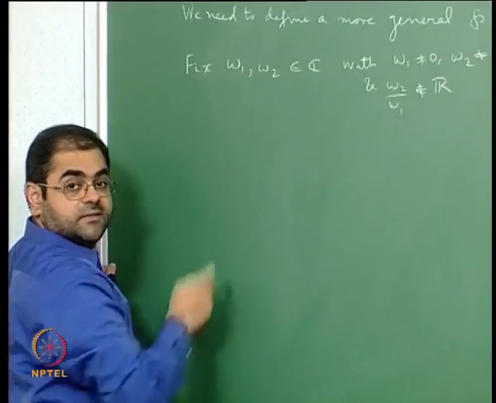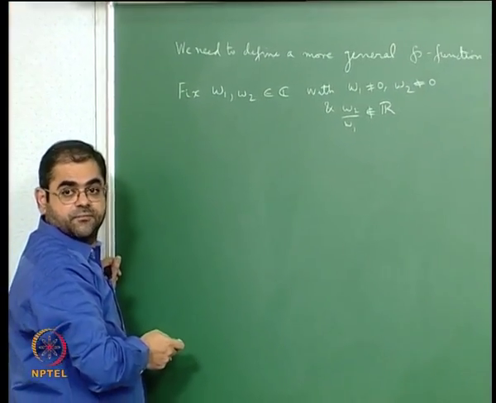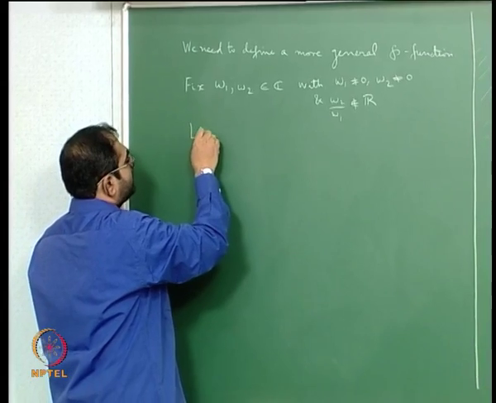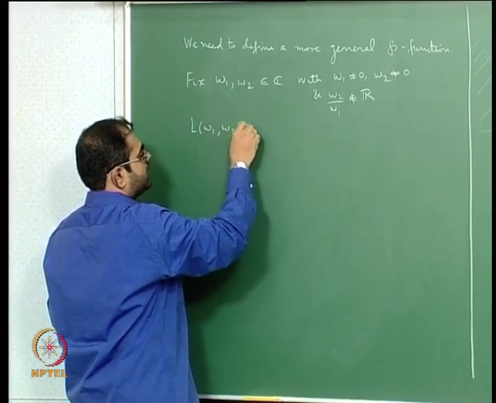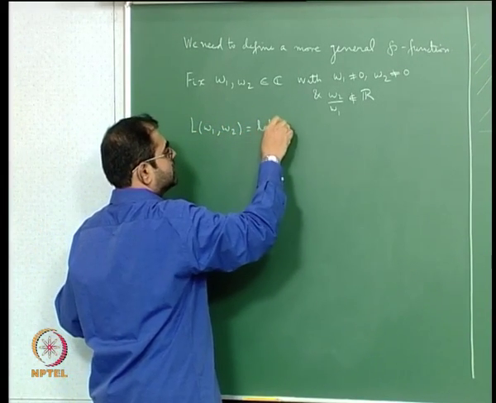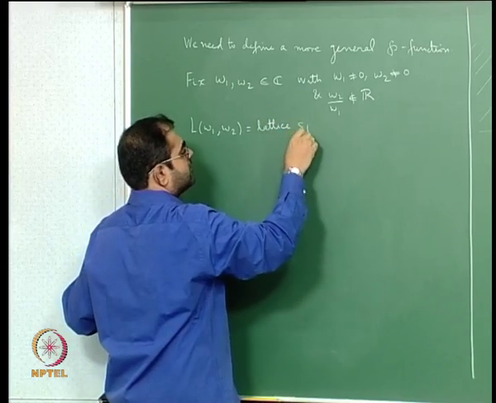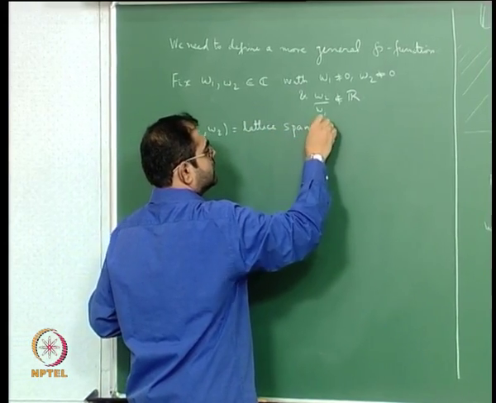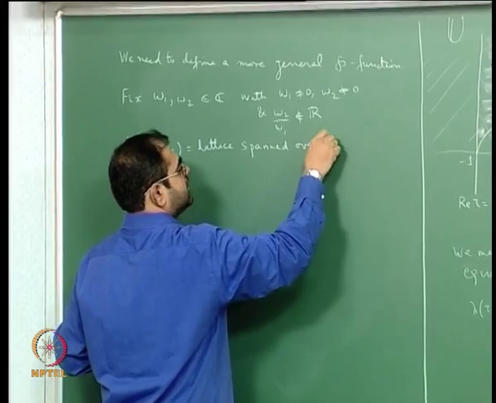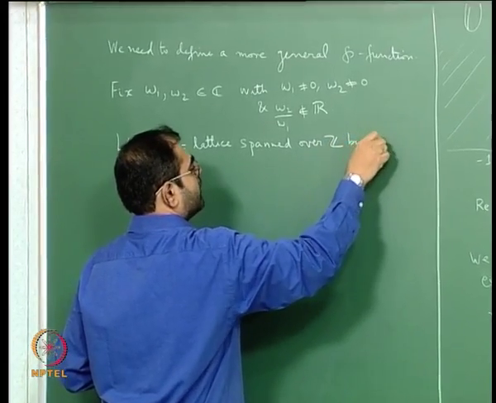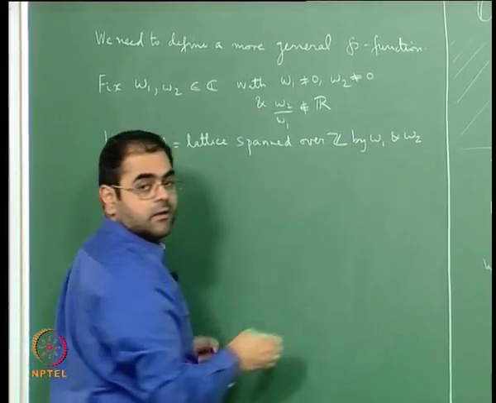Then associated with this we will have a lattice, okay. So you get L of omega 1 comma omega 2, this is the lattice spanned over Z by omega 1 and omega 2, and what is this?